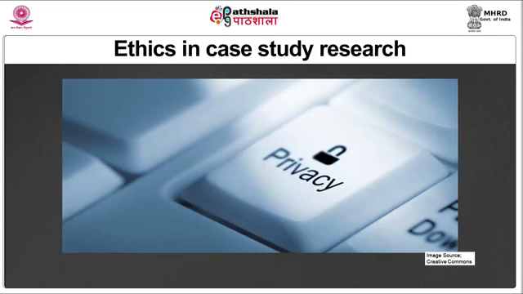An example of this would be a researcher asking questions to the subjects without any care at a public place, which would cause harm to the subjects emotionally as well as socially within their social setting, or if the data was not secured. Therefore, it is binding upon the researcher to maintain the privacy.